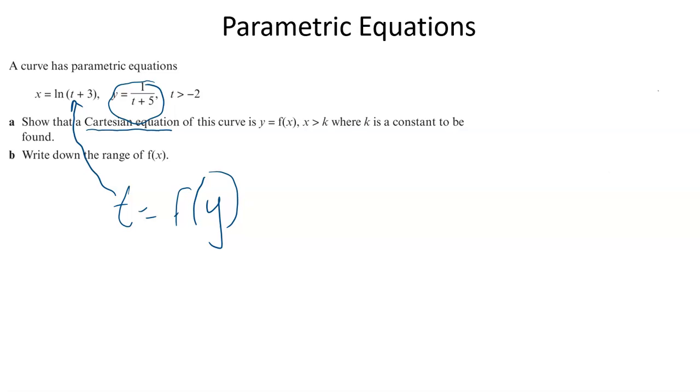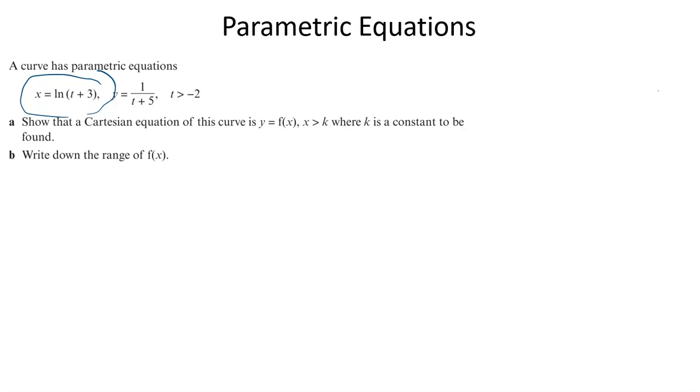However, with this log here, I'm thinking that it might be easier to get t in terms of x. We'll get an exponential and things like that. Anyway, let's give it a go. It shouldn't matter which way we do it, it's just which is going to be easier to rearrange later.